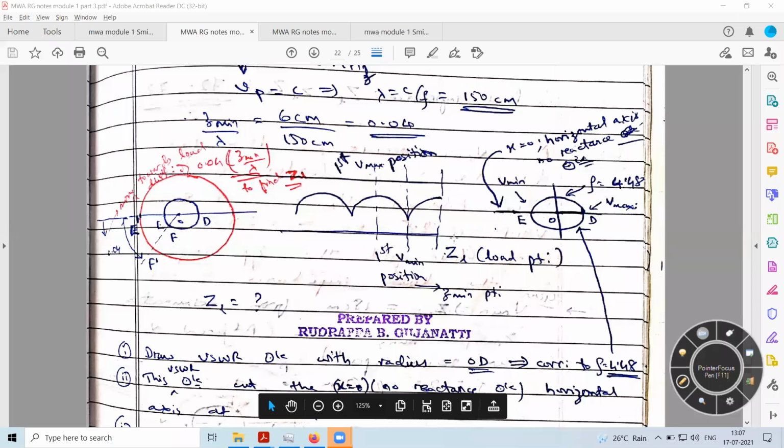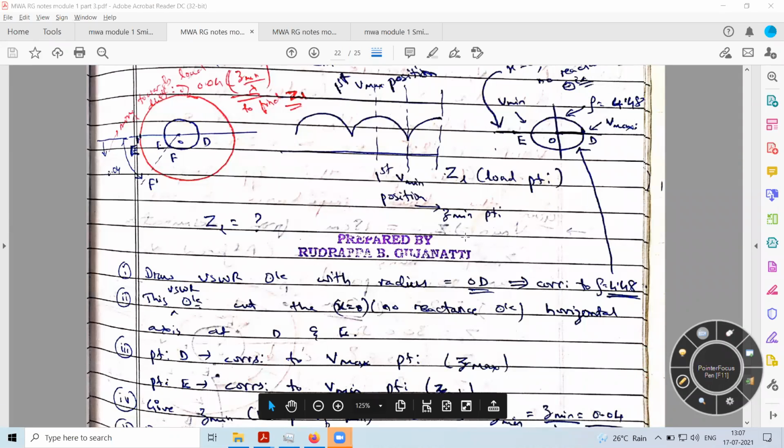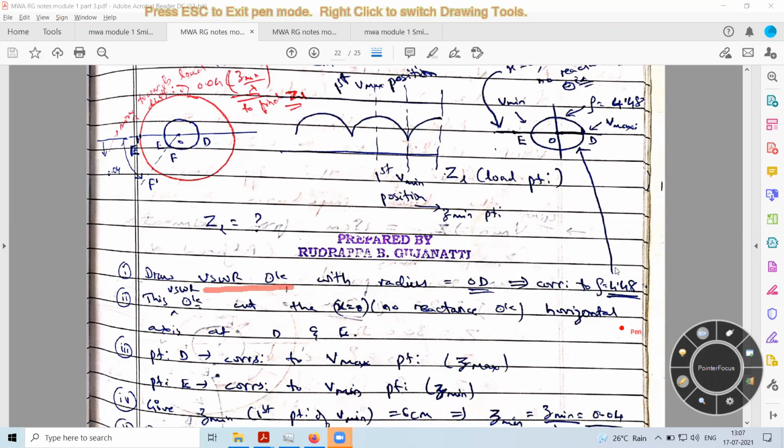Now what is the first thing I have to do? Since VSWR is specified, we need to plot the VSWR circle. What should be the radius of the circle? It should be with respect to the VSWR value.